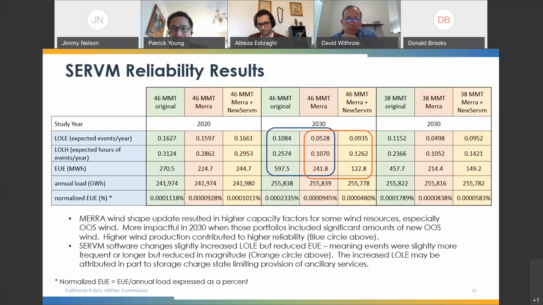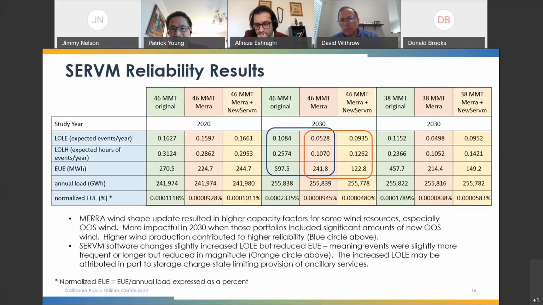There could be any number of factors that are affecting the LOLE and EUE numbers and driving them in different ways that obscure the change that we made where the dispatch of SERVM was improved in the new software, and that change was quite apparent in a fleet like the one we modeled in 2030.